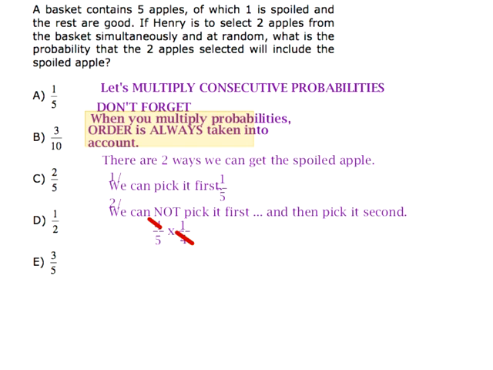Those are some seriously big circles. Let's make those narrower. So that's going to be 1/5 as well. And these are mutually exclusive possibilities. So your total probability is 2/5.